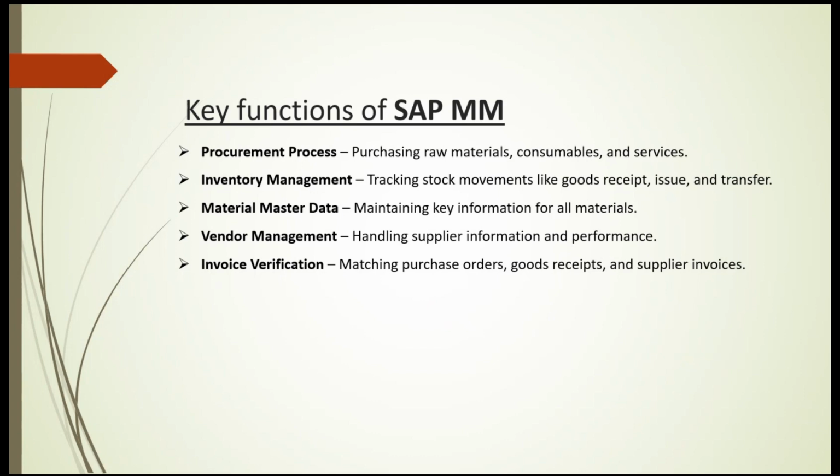Coming to the next, invoice verification. Whenever we receive any type of goods or service from the supplier side, we need to map it in the three-way or two-way method. If it is a material we are procuring, we need to map it with three-way: the purchase order we initially created, against that the material we have received from the supplier, and the invoice we receive from the supplier.